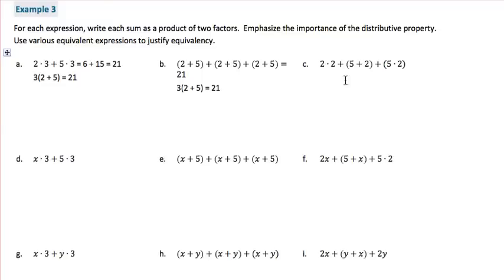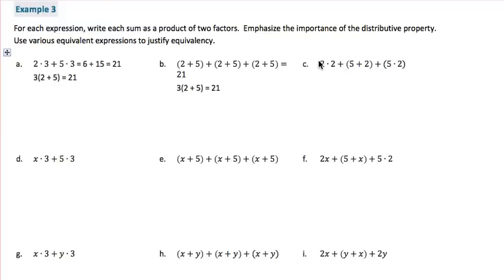In the third one, very interesting problem we have here. We have 2 times (2 plus 5) plus (2 plus 5) times 2. Since we have these terms being added together, please notice the parentheses, and then of course multiplication happens first anyway.